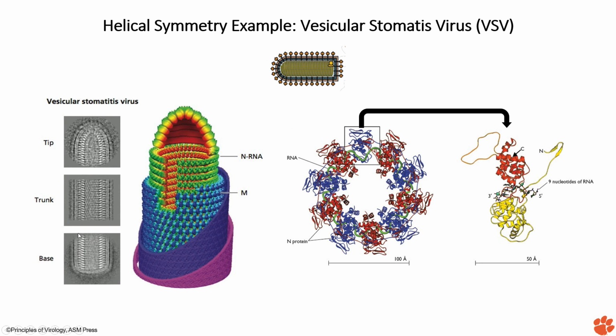So what we are looking at right here are some of the raw images from the cryo-EM, and this is the solved structure. What exactly are we seeing here? If you carefully look, let's go from the right towards the left. There is a red subunit, and then there is a yellow subunit, and you can see there is a green structure, which is the RNA, inside this.